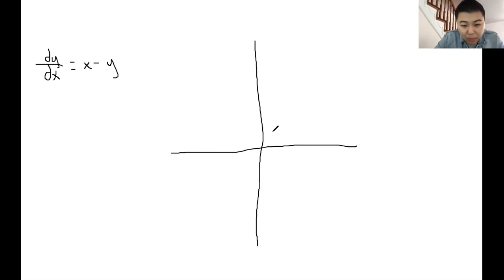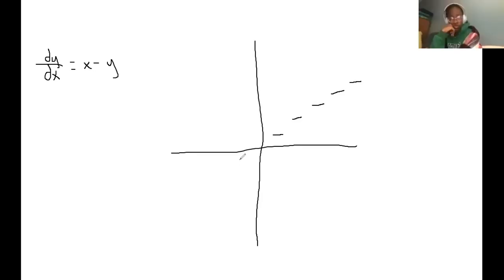So at (1, 1), it's going to look like this. (2, 2), it's going to look like this. (3, 3) is going to look like this. (4, 4), etc., they're all just going to be flat. And if we have -1 minus -1, that would also equal 0, so all of these would be horizontal.